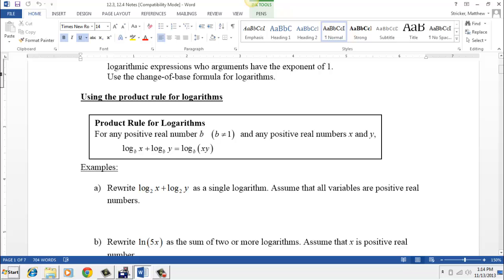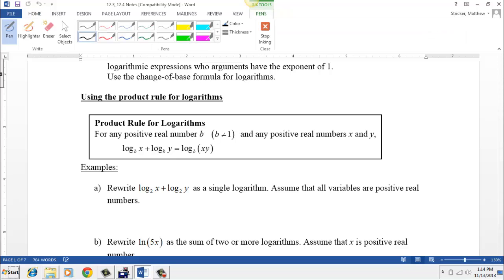And a couple of things to point out about this rule. The first thing is that just as you might expect, there's got to be a product or a multiplication going on somewhere. And it says that if we take the log of x plus the log of y and we add them together, notice that they have the same base.